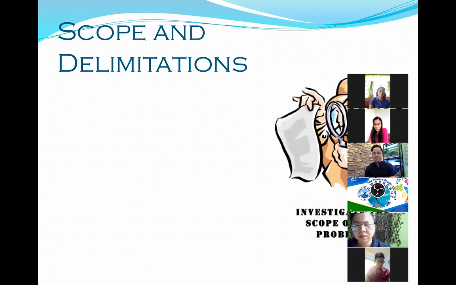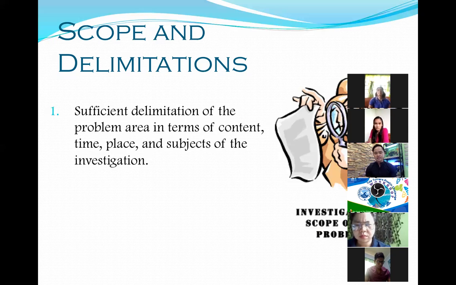So you have to specify those answers. When you are able to answer those questions, ito yung sinasabi natin na sufficient delimitation of the problem area in terms of the content, time, place, and subjects of the investigation. So that is what you call scope and delimitation.